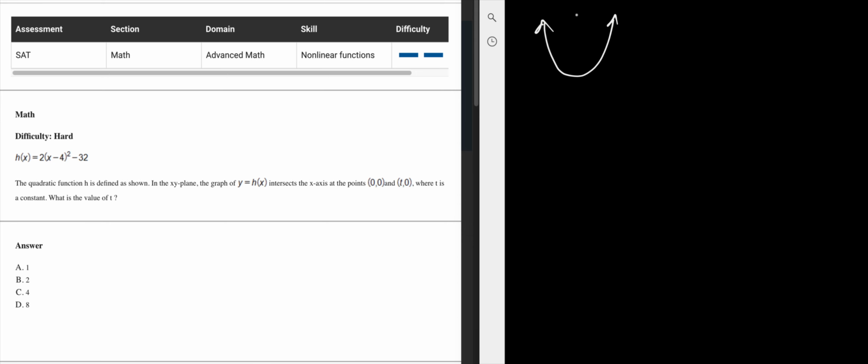So there is an axis of symmetry somewhere here, and this point is the vertex, and usually we use h and k to denote the x and y coordinates. And there's something about the zeros, the x-intercepts, if there are any zeros.